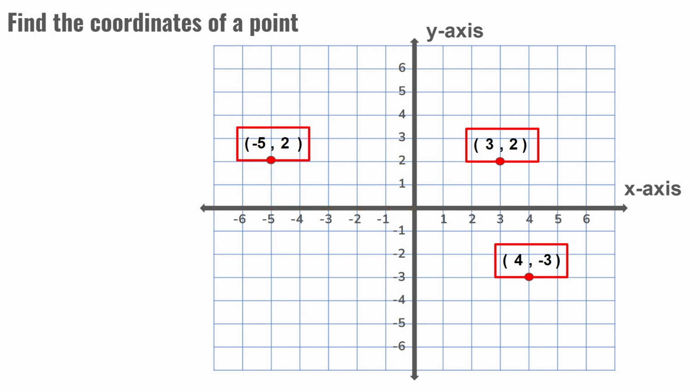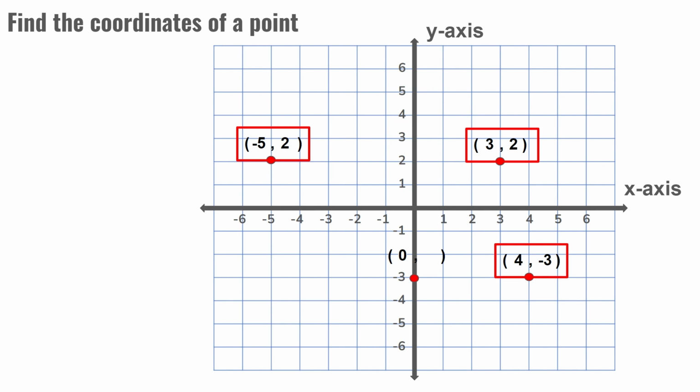Okay, let's find the coordinates of one more point. Now, which direction along the x-axis should we move, and how many spaces should we move in that direction? If you said 0, then you are correct. As you can see, moving horizontally will not bring us closer to the point. So we will not need to move along the x-axis. And this means the first number in the coordinates of the point is 0.